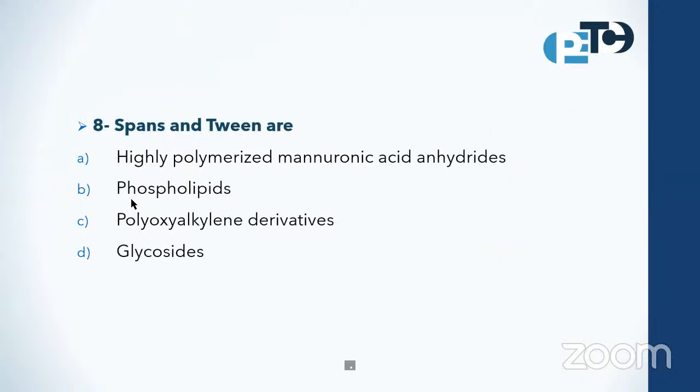Span and Tween. What are those substances? They are non-ionic surfactants. Both of them, their chemical structure is formed of polyoxyalkylene derivatives. Span is lipophilic, while Tween is hydrophilic.